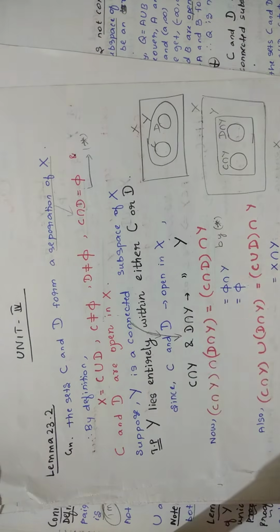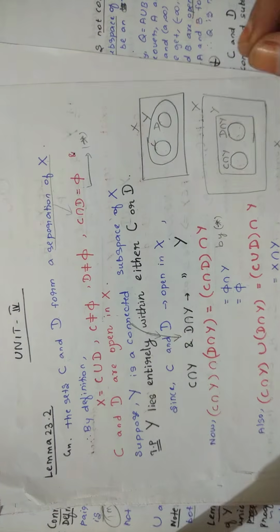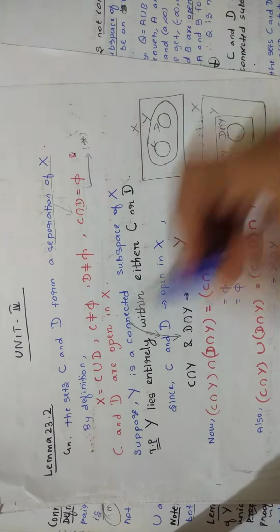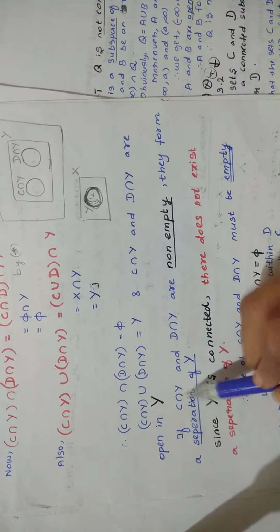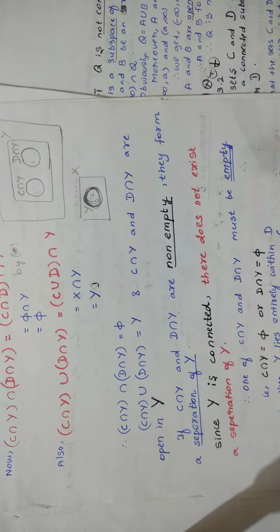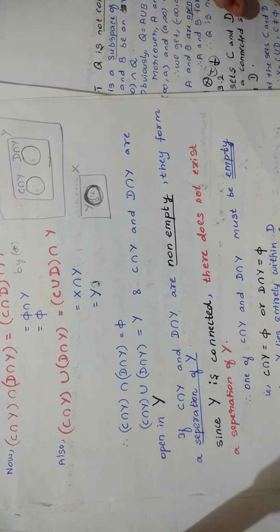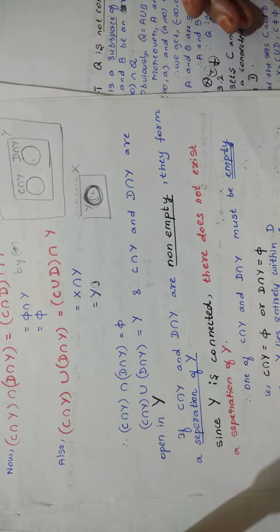Why? In our statement they are given you Y is a connected subspace of X. There is no separation. It is connected. So here what you are writing? If C intersection Y and D intersection Y are non-empty, they form a separation of Y. It means all the conditions to say separation of Y will get satisfied. That should not happen.